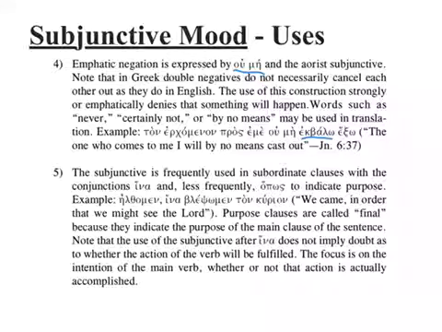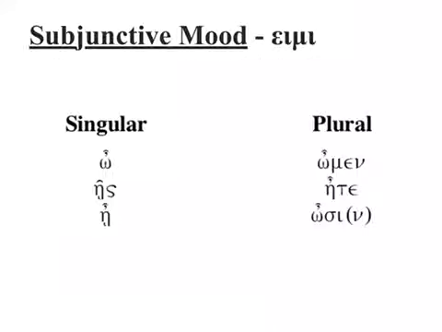So, oftentimes, if I remember right, the subjunctive happens in conditional clauses, and that's just going to be one of the clues that a subjunctive is being used. And it's usually independent, and sometimes it has the hina. Anyway, the very important eimi verb, which is to be, is also in the subjunctive mood.